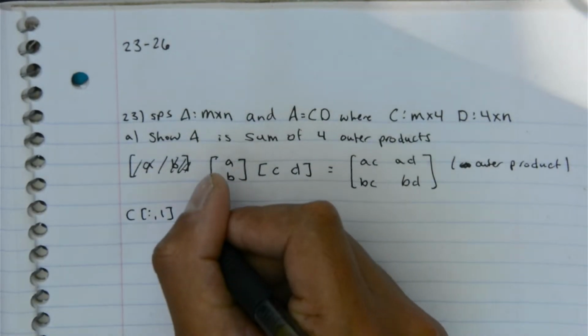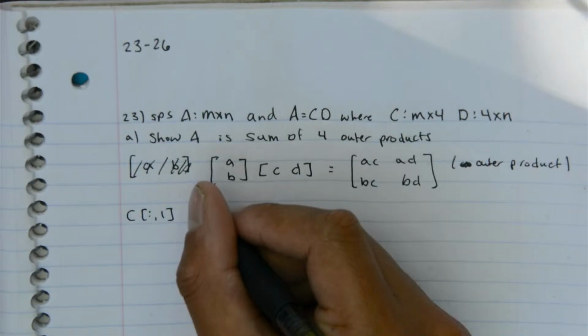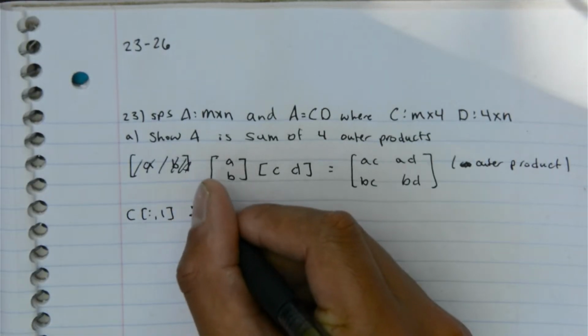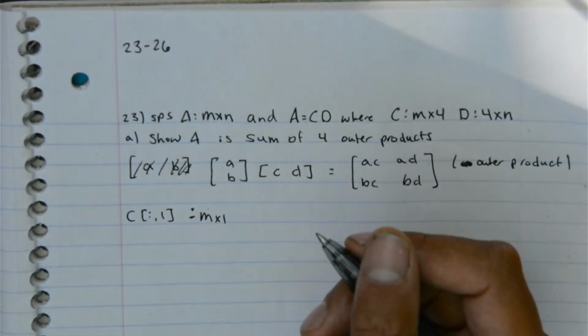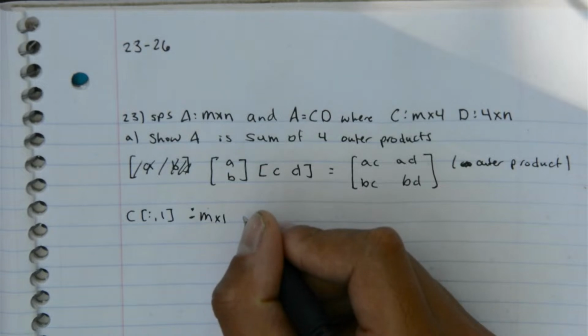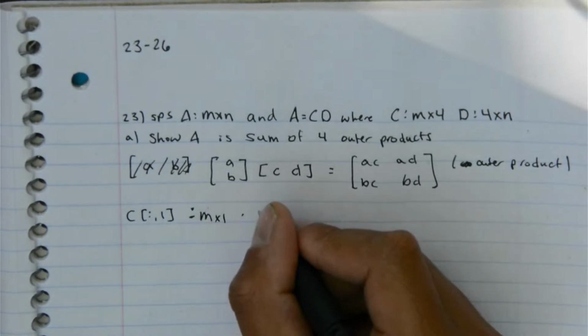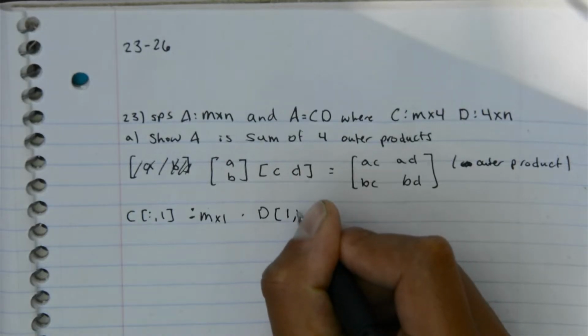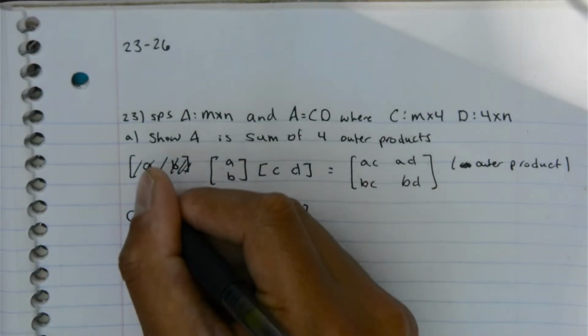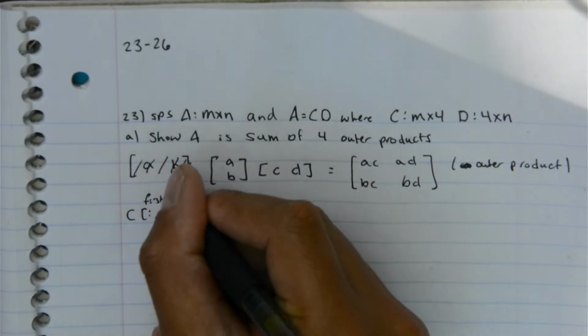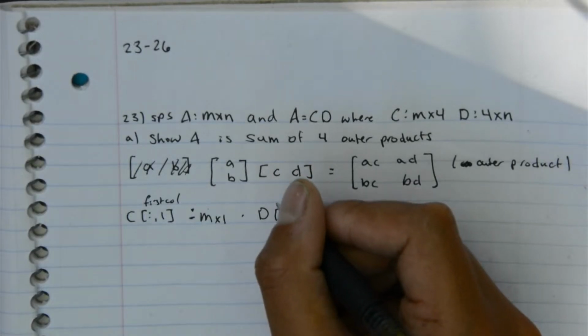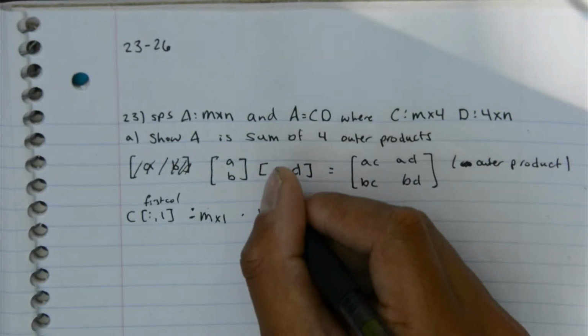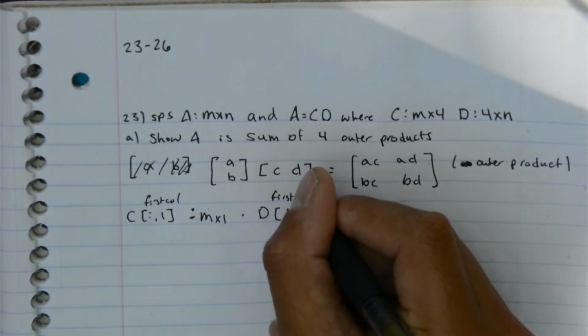This is going to be m by 1 times d1. So this is going to be the first column, and this is going to be the first row.